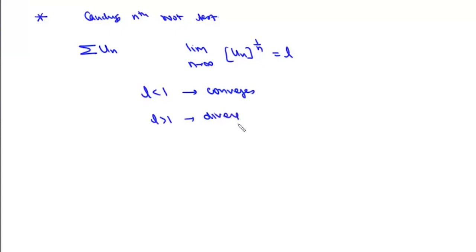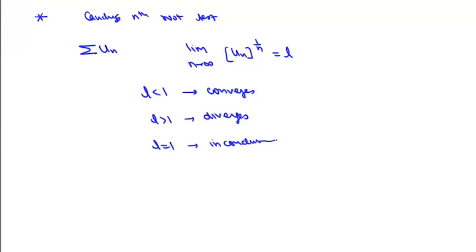Then we'll find this limit n tends to infinite, un to the power 1 by n, and suppose this limit is L. Now if L is less than 1, then this series converges, and if L is greater than 1, then this series diverges. And if L is equal to 1, then in that case, this test is inconclusive.